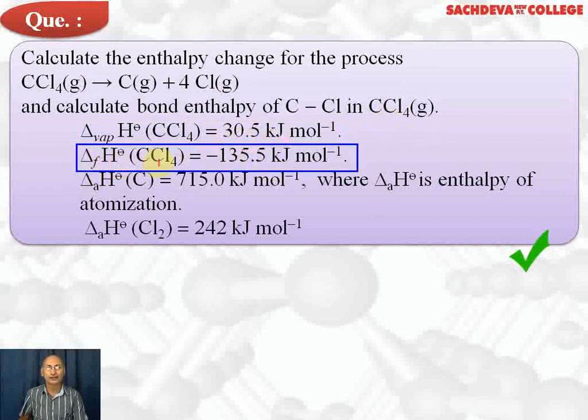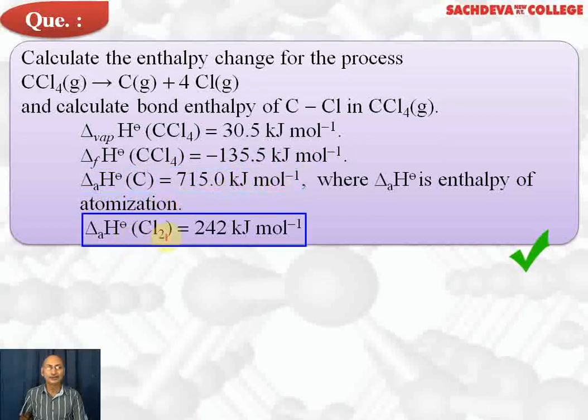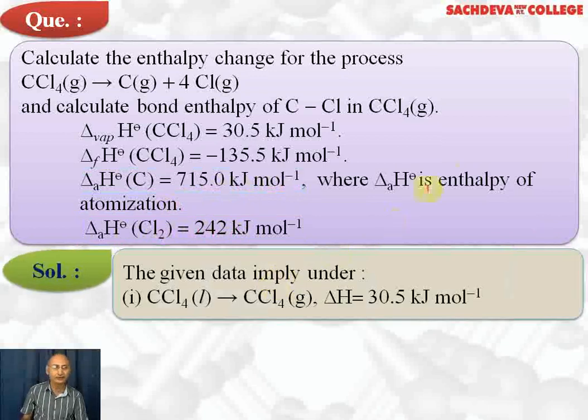Heat of formation of carbon tetrachloride from its constituting elements is minus 135.5 kilojoules per mole. Heat of atomization of carbon solid into carbon gas is 715 kilojoules per mole, and dissociation energy of Cl2 is 242 kilojoules per mole. Let's take up its solution.